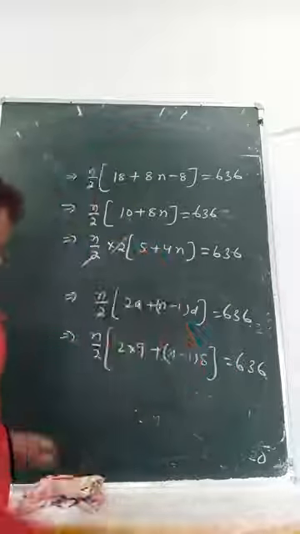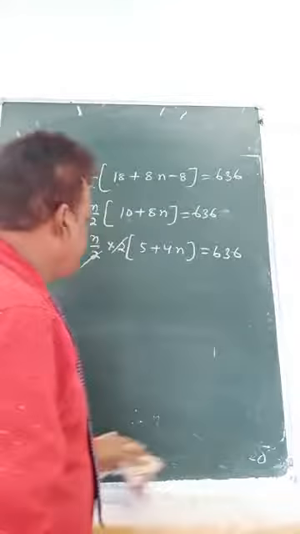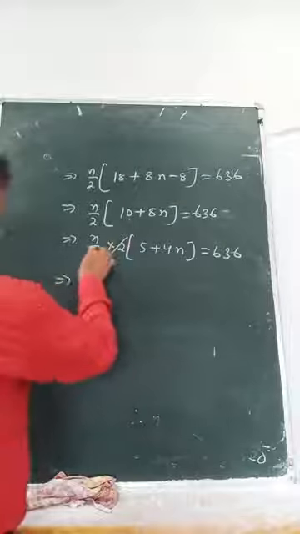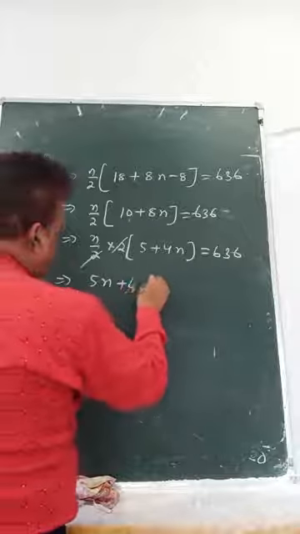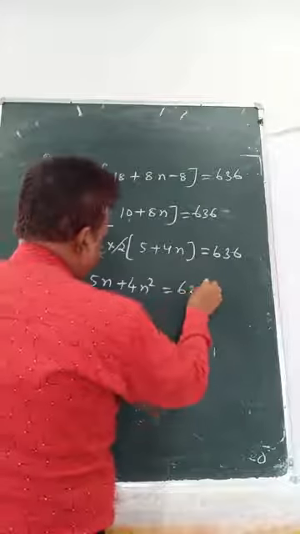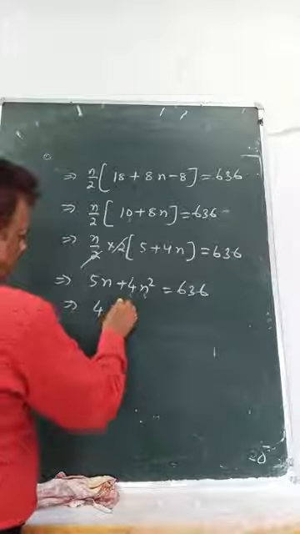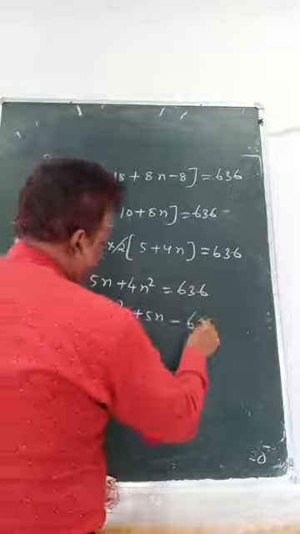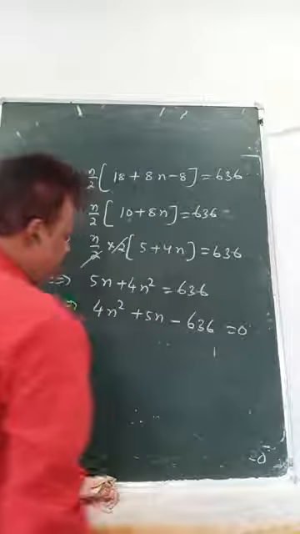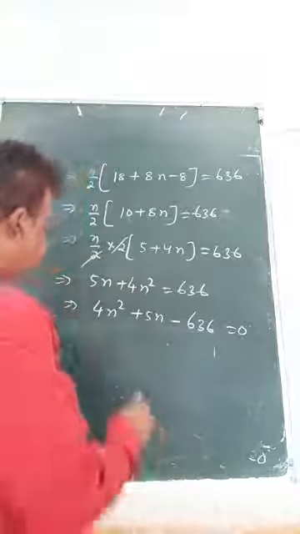This 2 is cancelled. Then it is 5n plus 4n square equals 636. So rewrite 4n square plus 5n, this will come this side, minus 636 equals 0. When the numbers are big, use the formula.